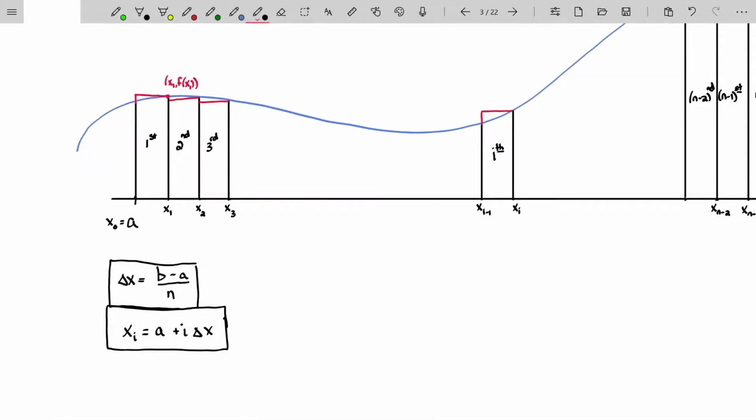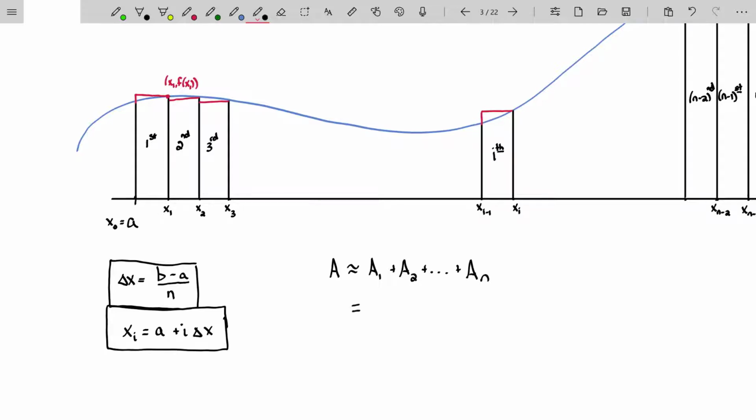So I can say the area underneath this curve is approximately the area of the first rectangle plus the area of the second rectangle plus all the way down until you get to the area of the nth rectangle.